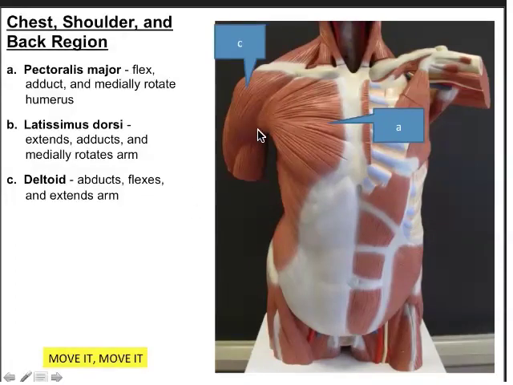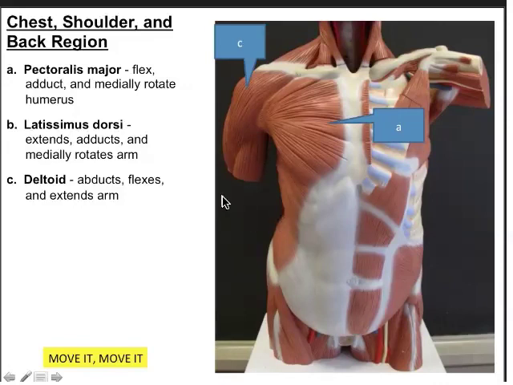Okay, that's flexing the humerus. Medially rotating it is turning the lateral side of the arm inwards towards the chest. Okay, so medial rotation. And then adduct means to bring the arm back towards midline if it's away from midline. Okay, so adduct the arm.